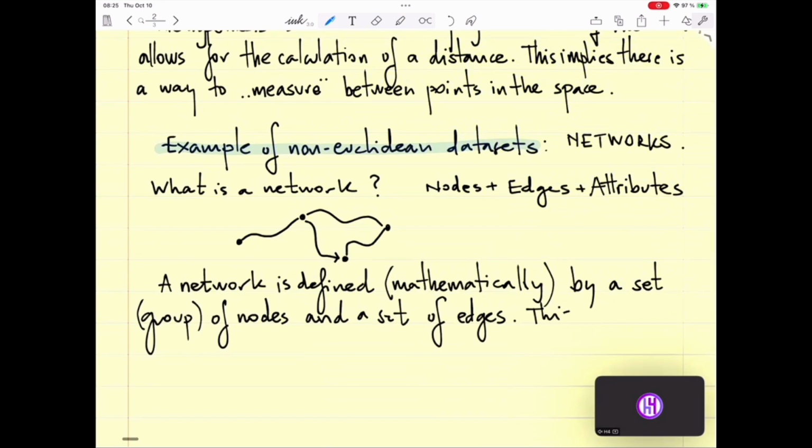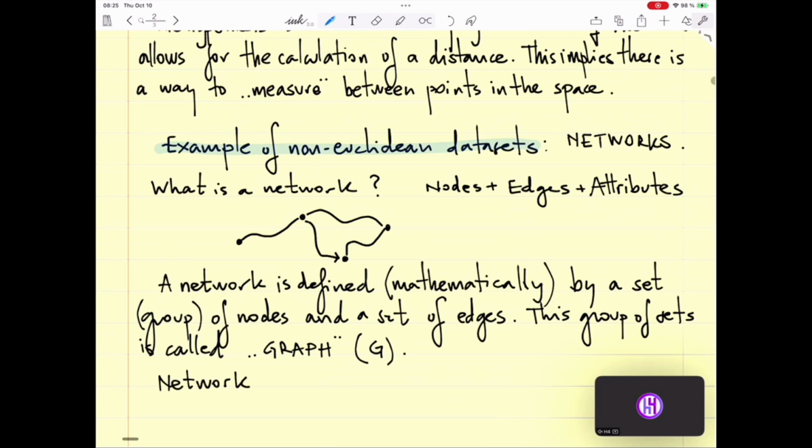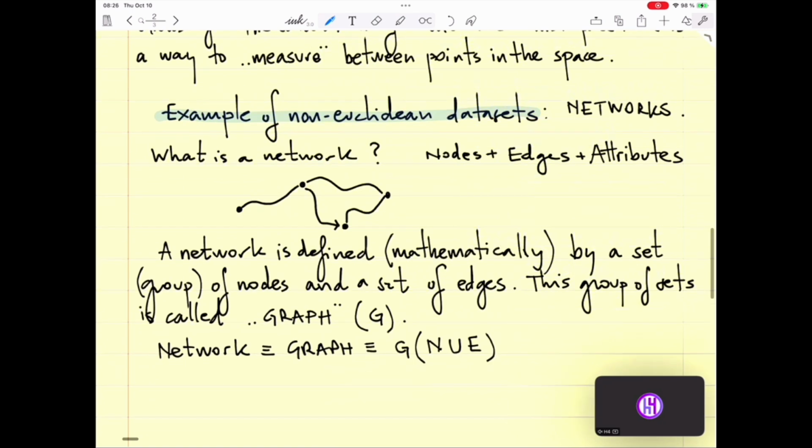This group, a set of sets, is called a graph, G. Okay? So a network equals graph equals the union of a set of nodes and a set of edges. Okay? Meaning N are the nodes and E are the edges.